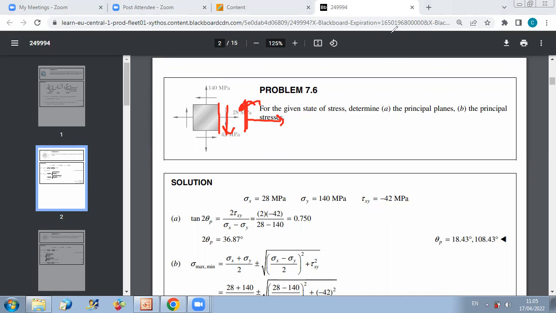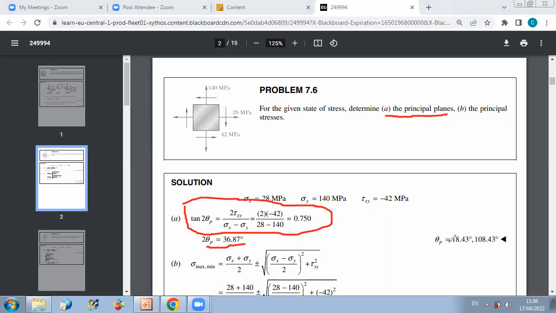And now we want to determine first the principal planes, so we should locate them on this figure. Then all we have to do is apply the formula developed in the course material, which is tan of 2 theta p equal to 2 tau xy over sigma x minus sigma y. We just have to plug in values. We get 2 theta p, and then we can divide by 2 to deduce the value of theta p.